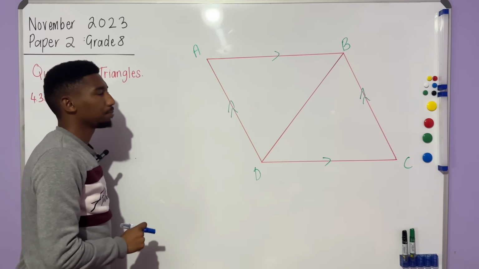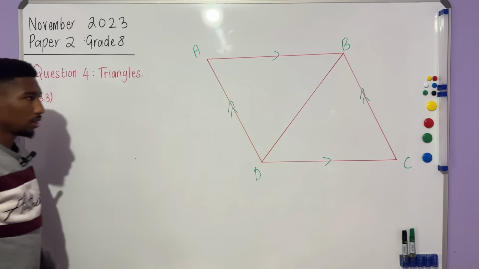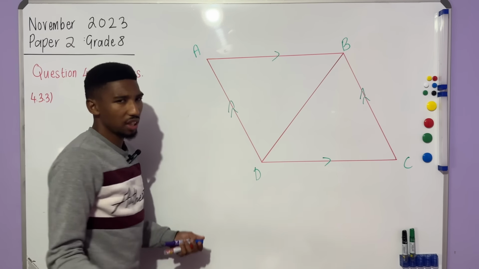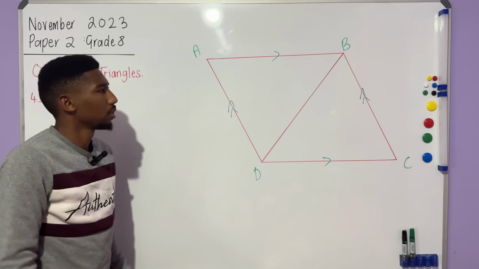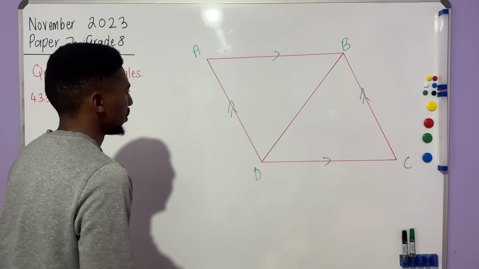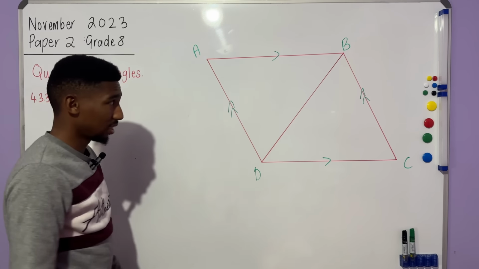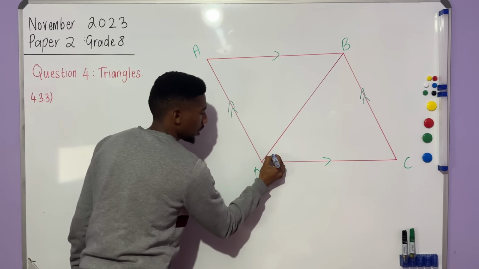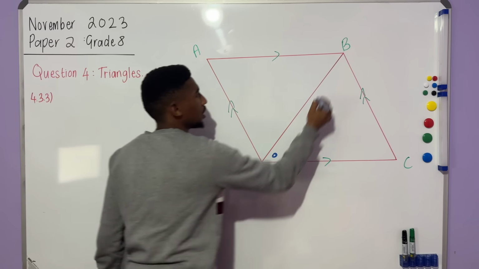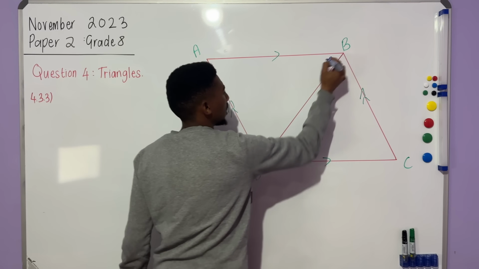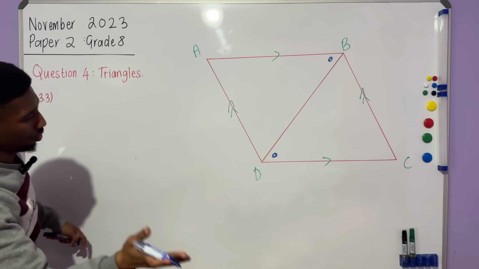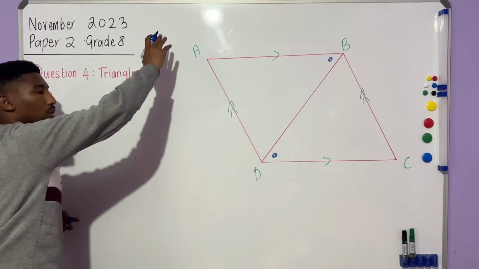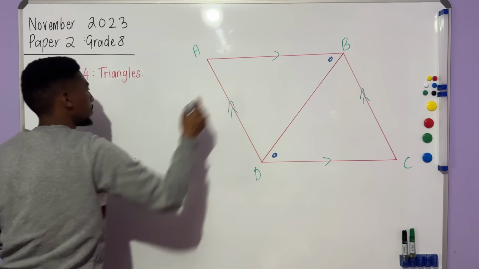Firstly, like I said, if you don't know where to start, you look at the diagram and you simply find what is equal. If I look at this diagram over here, I can see a Z staring me in the face. So this angle would equal this angle. So the one angle in one triangle is equal to another angle in this triangle.